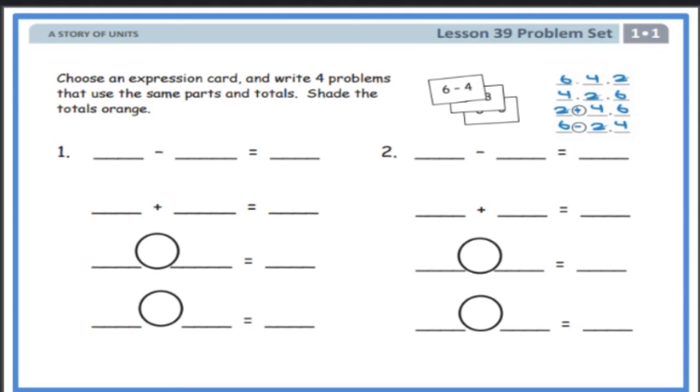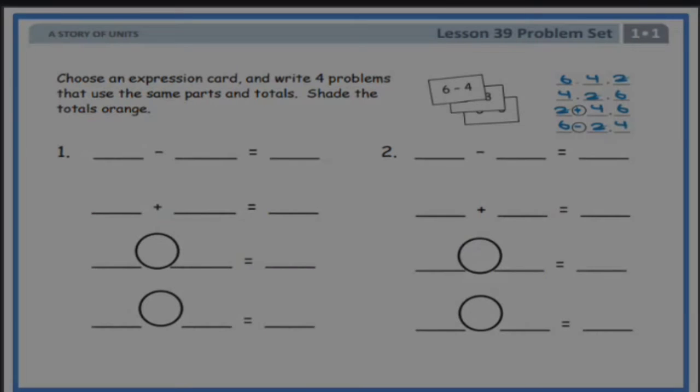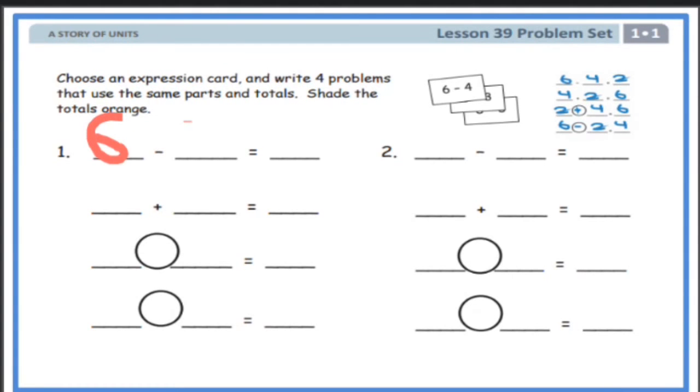So 6 minus 4 will give us what? 2. Now, the next number sentence is the addition. So I can say 4 plus 2 gives us 6.